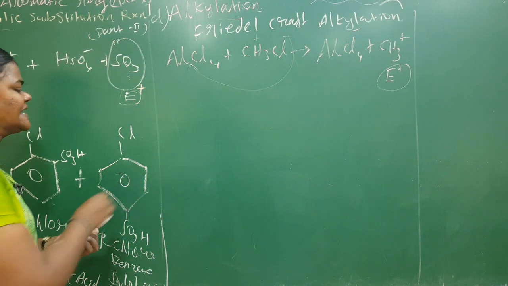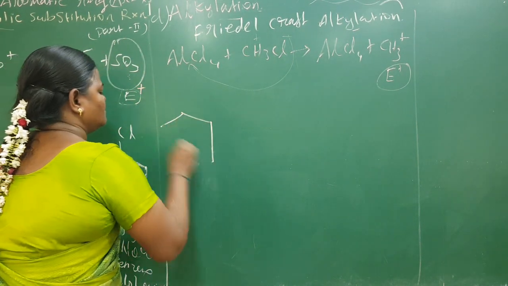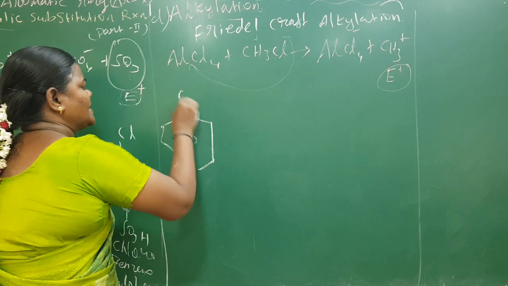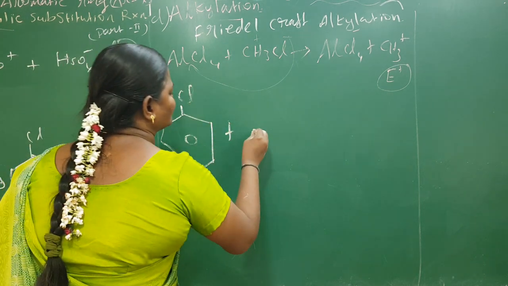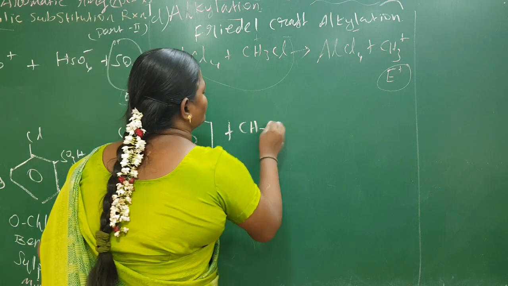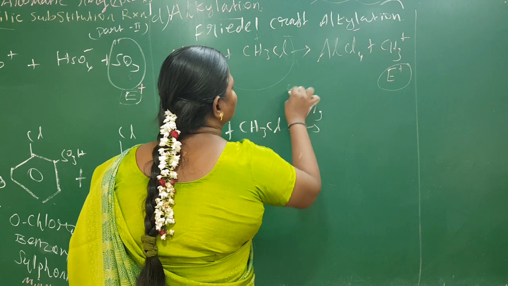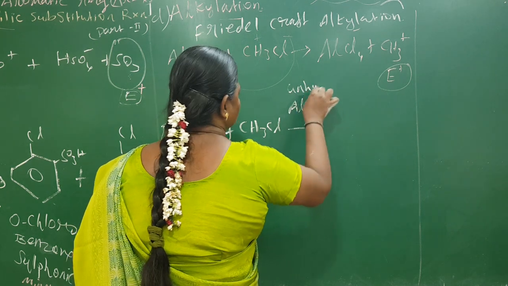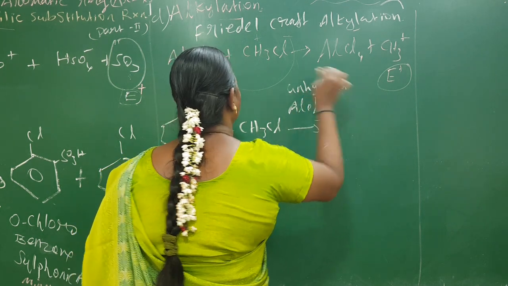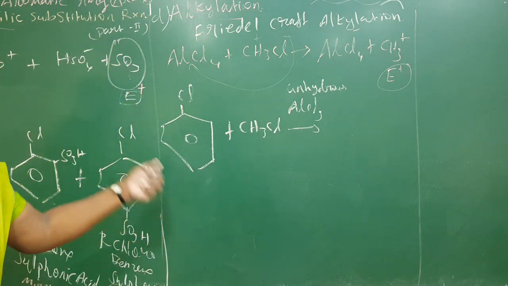You can write the reaction of chlorobenzene. The chlorobenzene reacts with methyl chloride in the presence of anhydrous aluminum chloride.